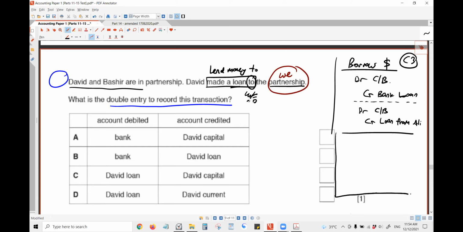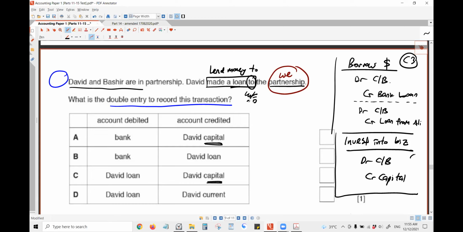Now, when would you touch a capital account? When the owner invests money into the business. You will debit either cash or bank, then you credit capital account.